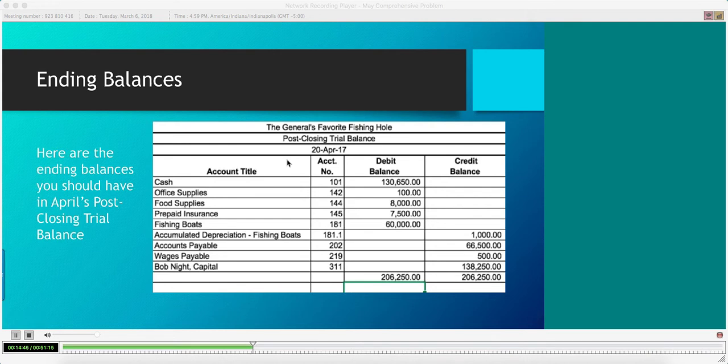In the description, you would put balance, and then in the balance column, you would put the amount. If you notice, these are only for the permanent accounts. The temporary accounts, drawing down through all of your expenses, should be closed when you do your closing entries for April.